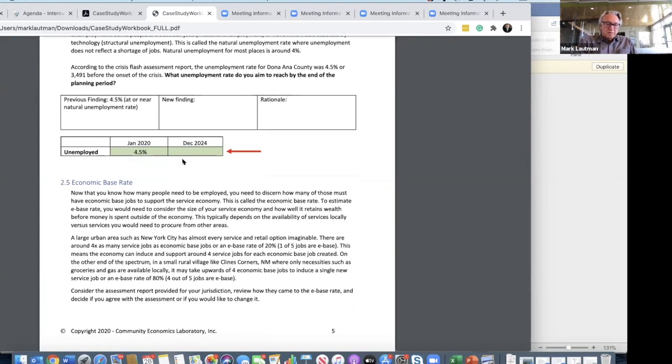Do we know what the unemployment rate is right now during COVID? That number can probably be derived pretty close, because they've got pretty good data on unemployment filing. So Jeff Campbell is saying 8.8% for Doña Ana County. 8.8%.